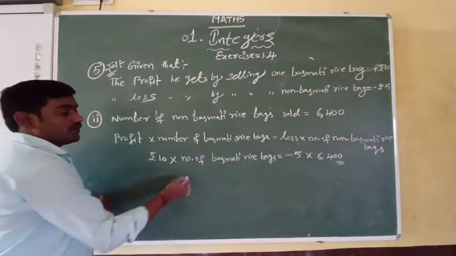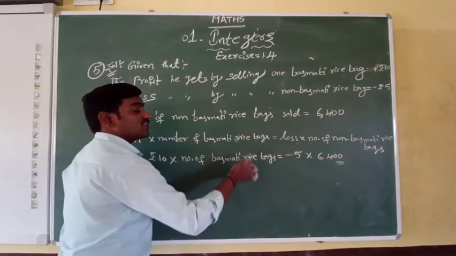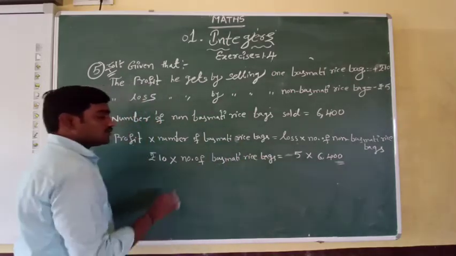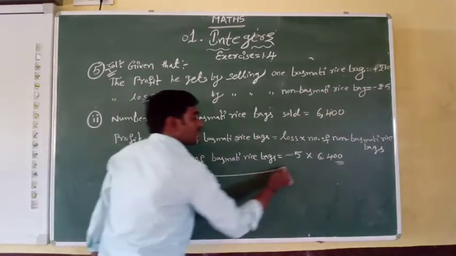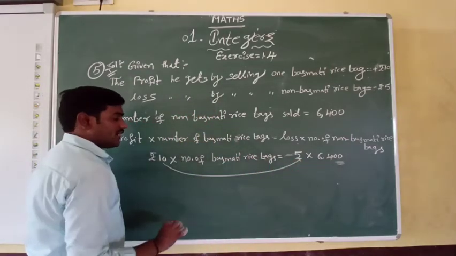Now we have to find out how many basmati rice bags we need to sell. So this 10 is multiplied to the number of basmati rice bags. Now we transfer the side: 10 is multiplied, so 10 will be divided.